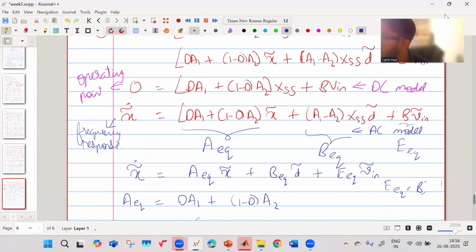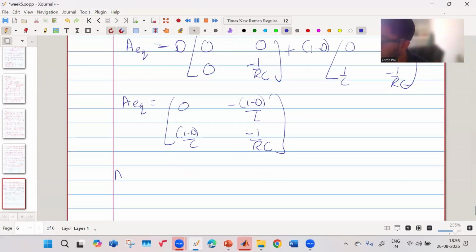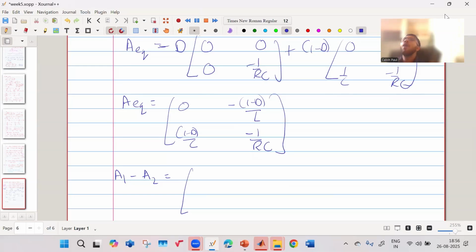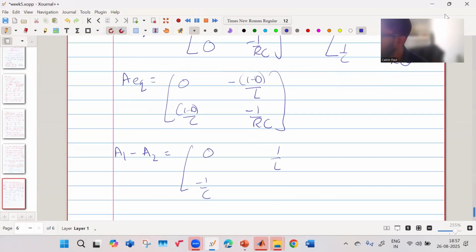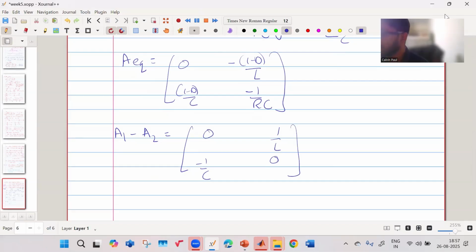So what is your A1 minus A2? 0, 0, 1 by L, minus 1 by C, 0, 0, right? So now we have to find these for our case.